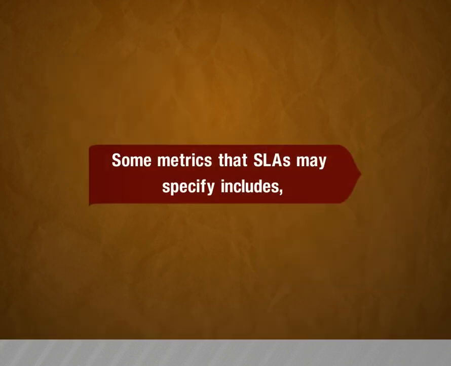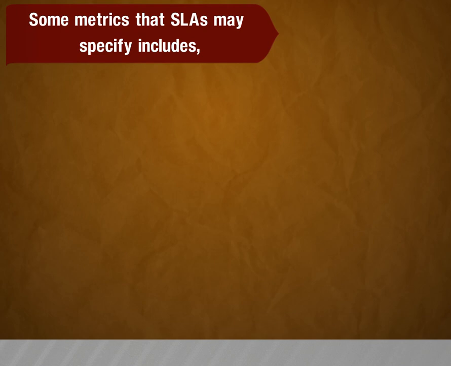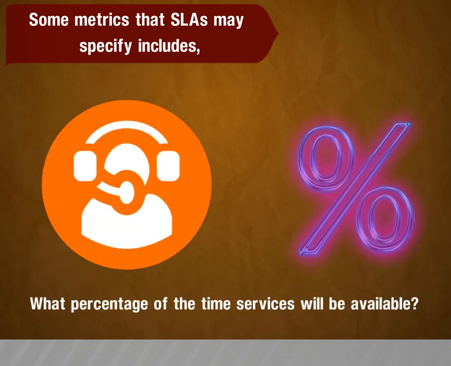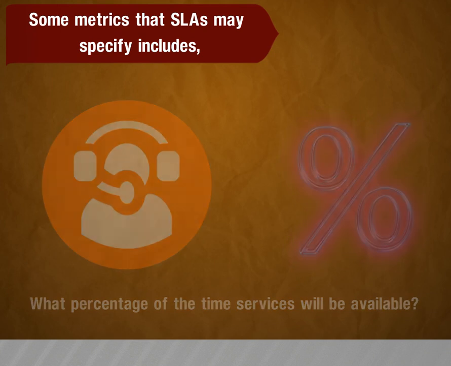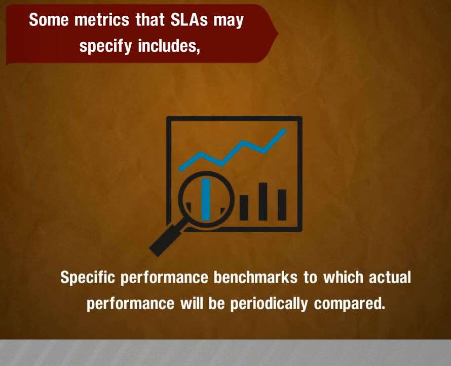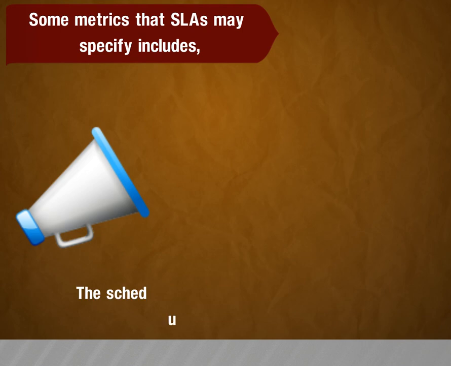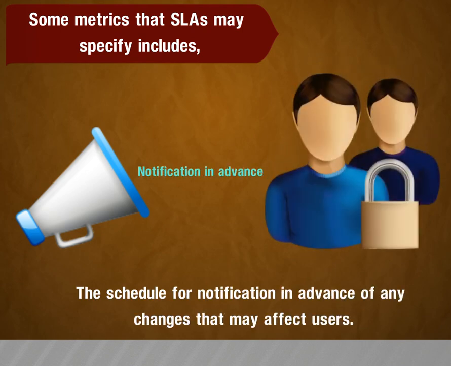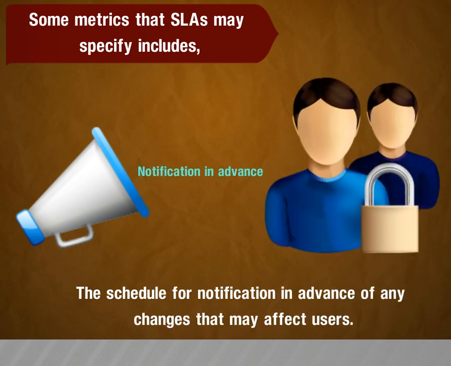Some metrics that SLAs may specify include: what percentage of the time services will be available, the number of users that can be served simultaneously, specific performance benchmarks to which actual performance will be periodically compared, the schedule for notification in advance of any changes that may affect users.